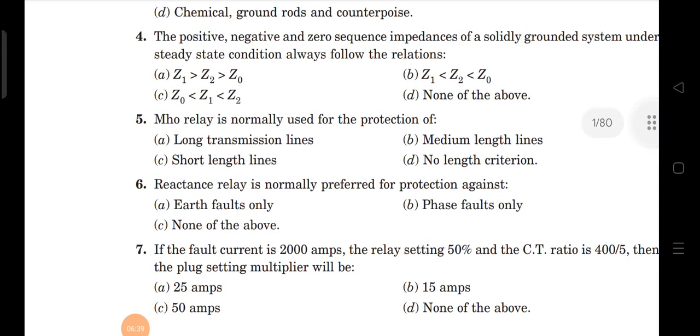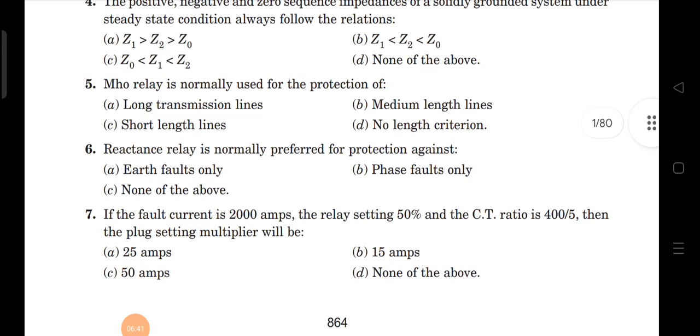Next, seventh question. If the fault current is 2000 amperes, the relay setting is 50% and the CT ratio is 400 by 5, then the plug setting multiplier will be? We need to calculate the plug setting multiplier.